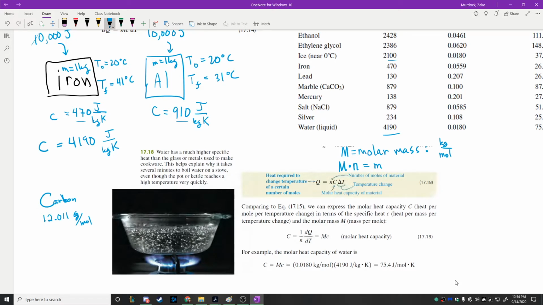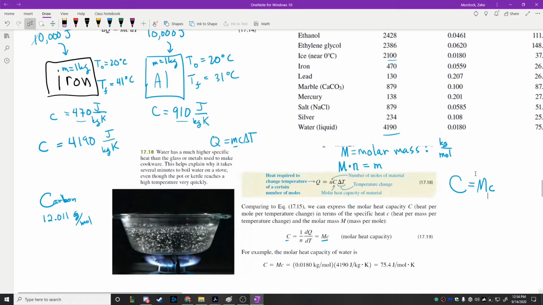So this can allow us to define something called molar heat capacity, where we use a capital C. Before, our equation was Q equal to mc delta T. You replace the m with the molar mass multiplied by n, and then you define that molar heat capacity is the molar mass multiplied by specific heat. And then you can get this version right here.